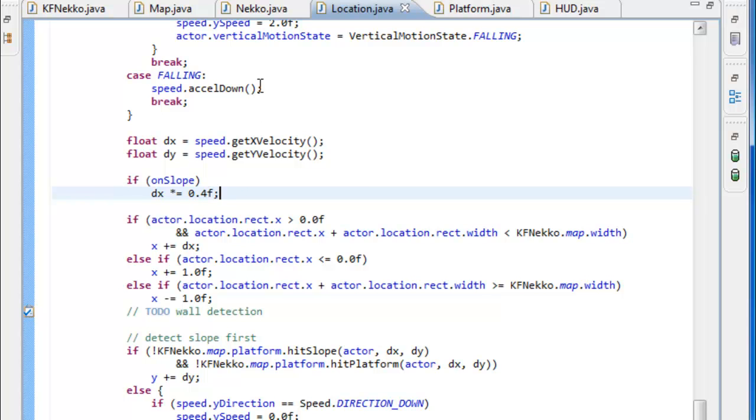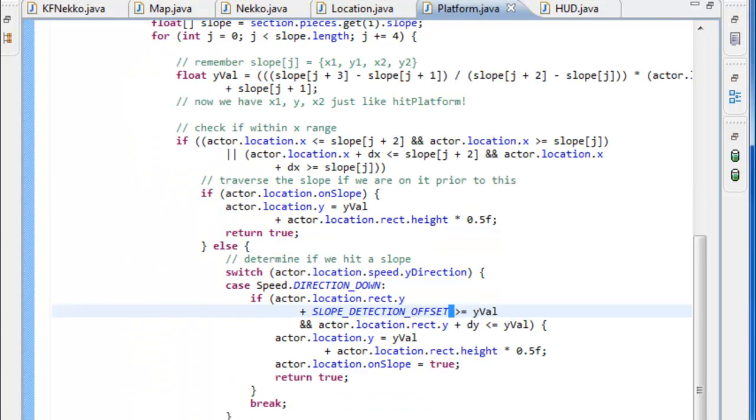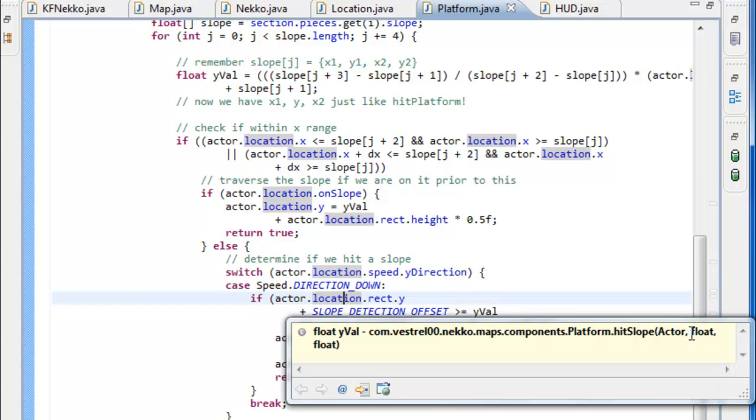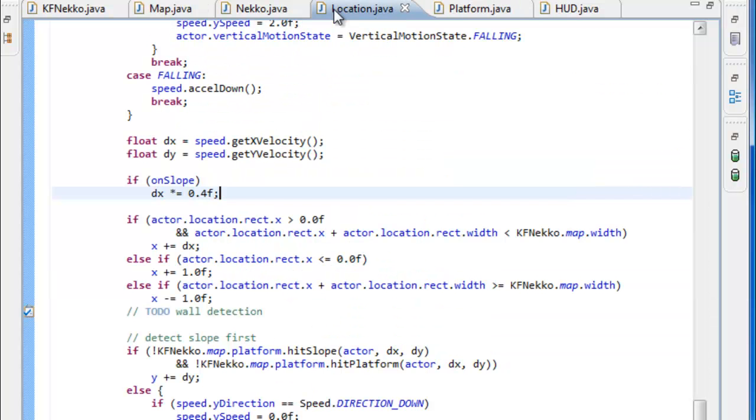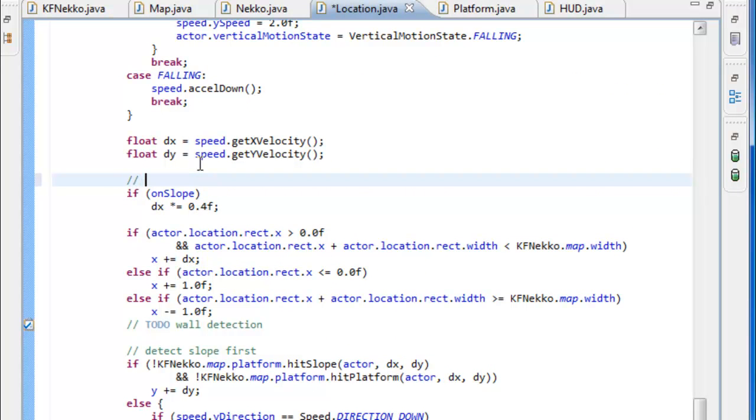Should I explain this or not? I already threw away the picture. Well, let me just try to explain this in words. Why we're doing this is to decrease dx while on slope, to patch up the flaw in our slope detection algorithm.